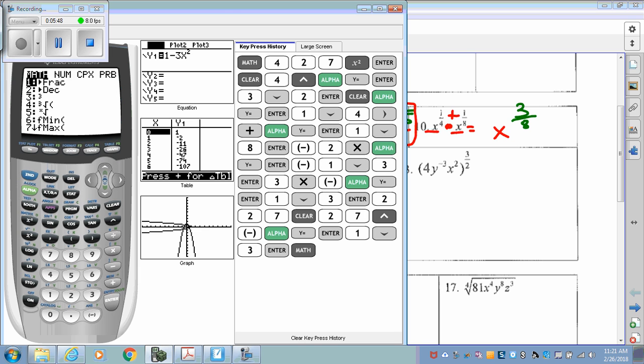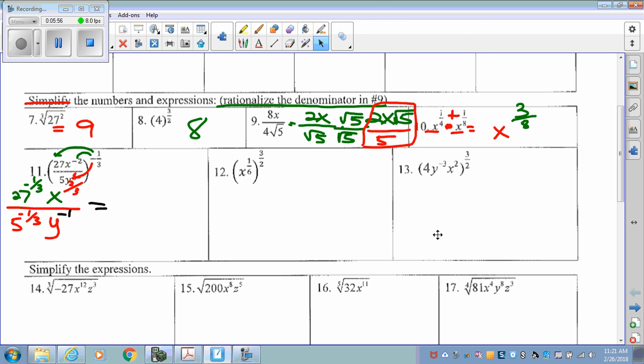I'll just do math, enter, enter, so 27 to the negative 1/3 power is 1/3. The cubed root of 27 is 3, and then this goes into my denominator, so there's my 1/3 for the 27 to the negative 1/3 power.